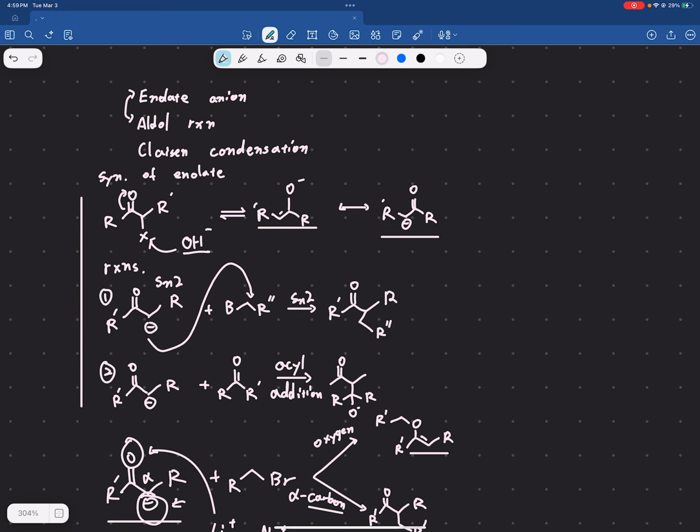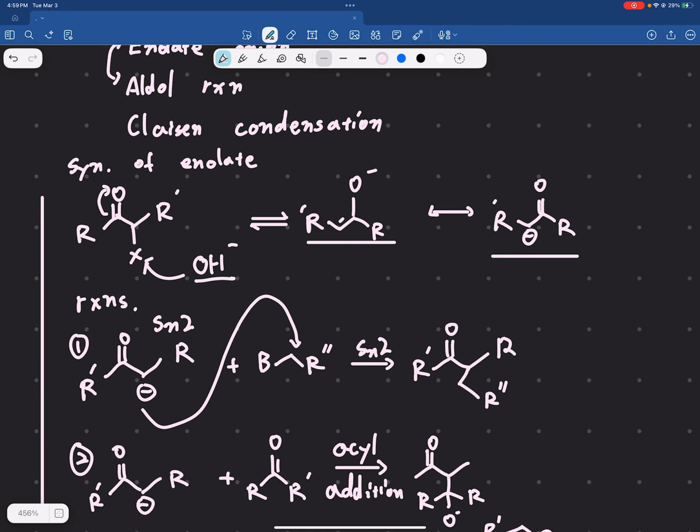As before, the base is going to come in and deprotonate an alpha hydrogen, and this is the alpha carbon. It's going to give our resonance stabilized enolate anion there.